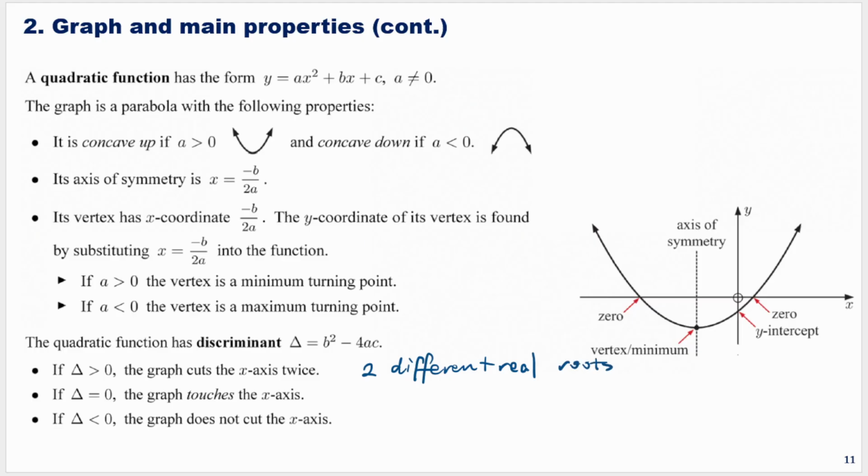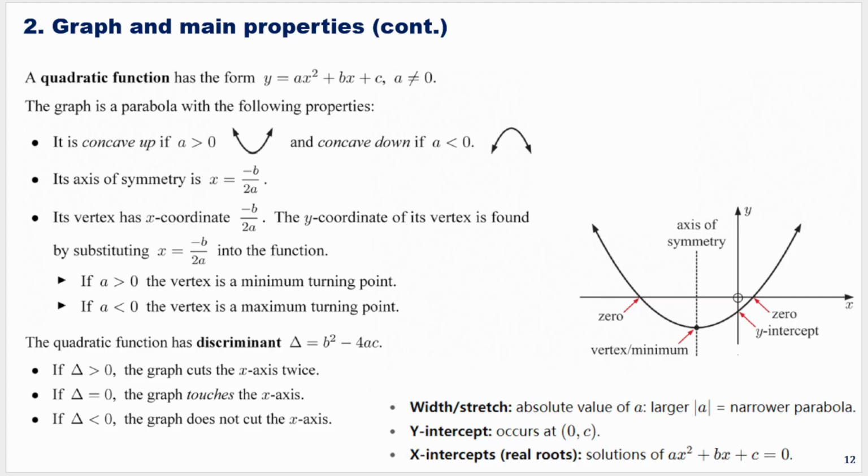If delta equals 0, you have two identical real roots. If delta is less than 0, no real roots. But we can solve the equation in the complex number domain, right? Are you clear?